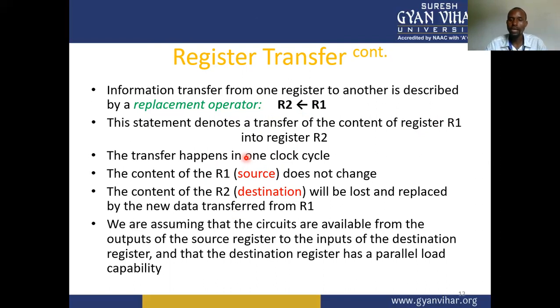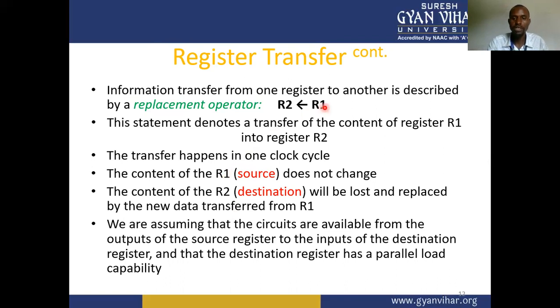This R1 to R2 transfer cannot happen twice. You cannot send half the information and then half the information later. Within that particular time frame, the communication has to be done. There is no unfinished activity here. The content of R1, the source, does not change.